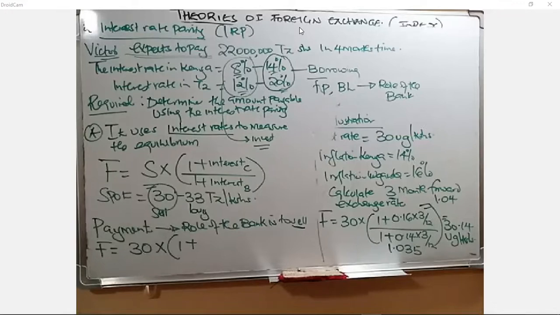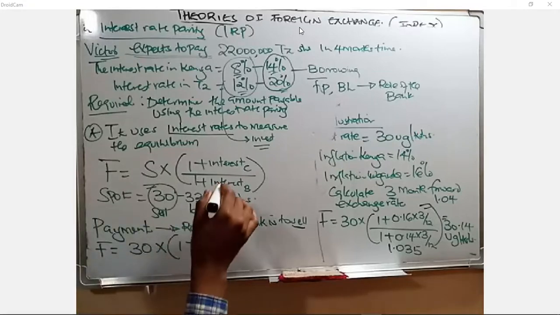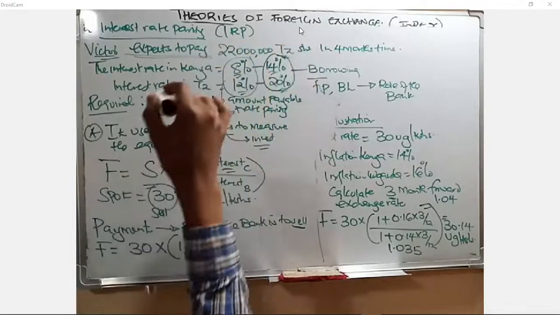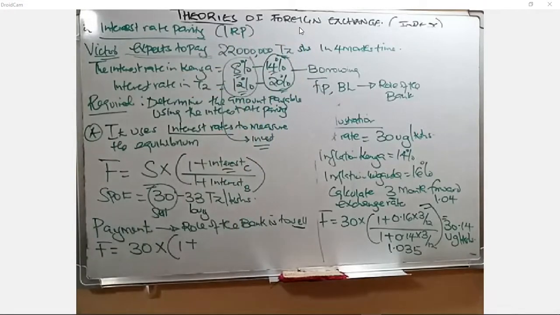Borrow from Kenya and invest in Tanzania. So the interest rate will be how much? Here we said the weak currency, right? The home currency, because this money we pay in Tanzania. Tanzania is where the investment is made. Tanzania is where we do the investment, right?